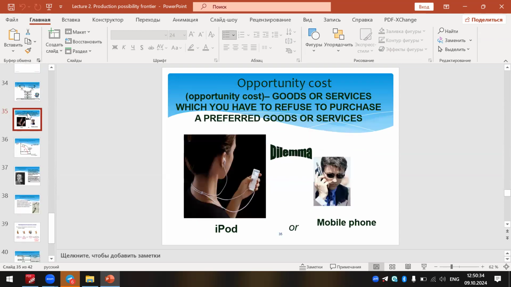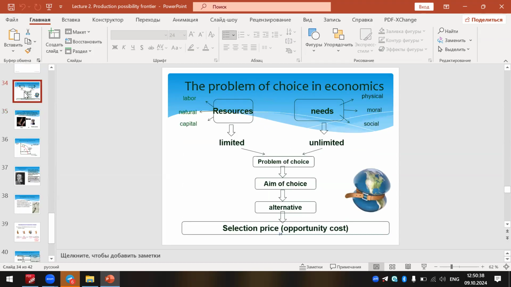And opportunity cost, I also remind you what is opportunity cost. So it's always the problem of choice, the resources, yes, in economics. So if it's resources, so labor, nature, and capital are also limited. And the needs, as I told you, physical, moral, and social, are consumer unlimited.